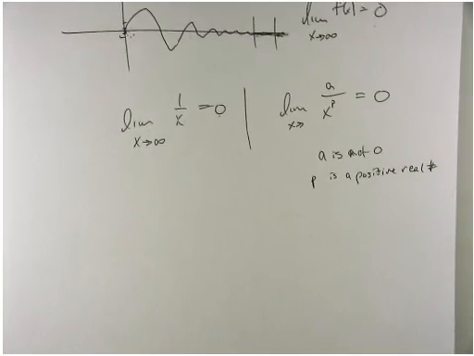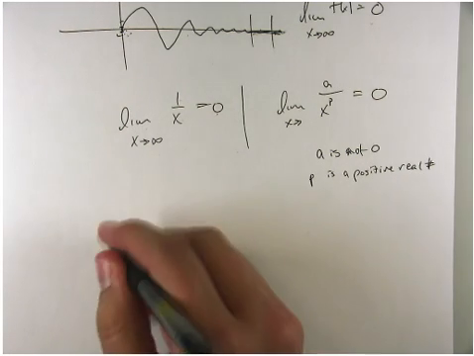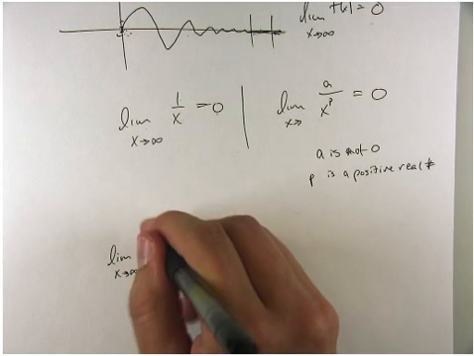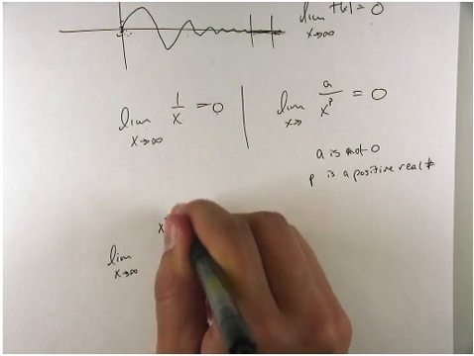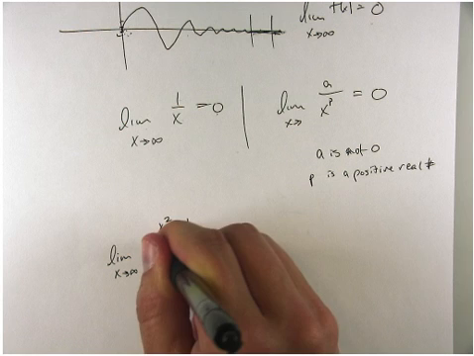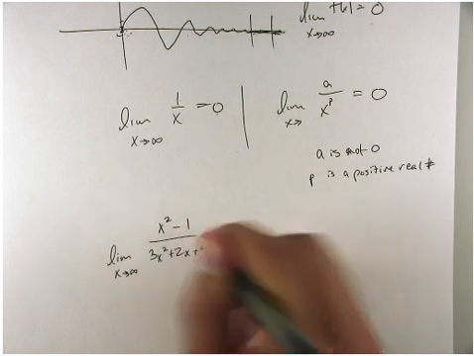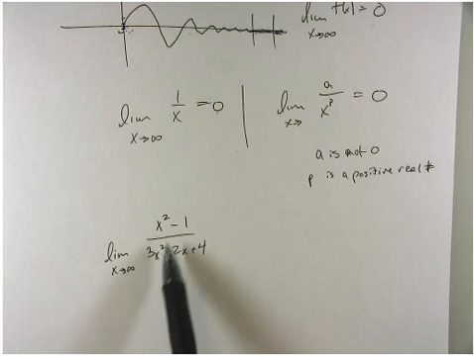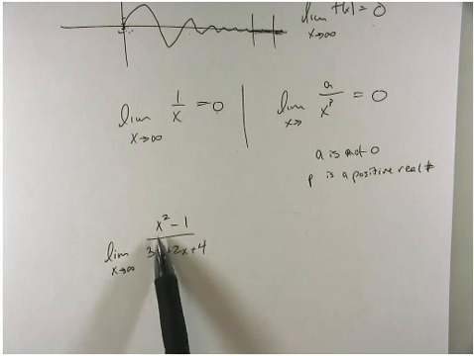So why these examples? We're building up to this type of example. X squared minus 1 divided by 3x squared plus 2x plus 4. Now the numerator of this function is getting really, really big, right?